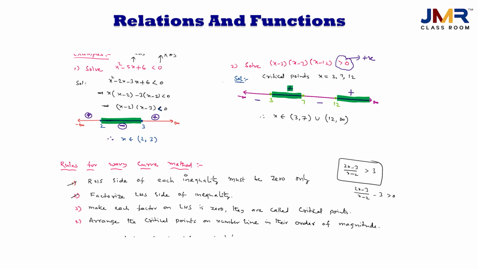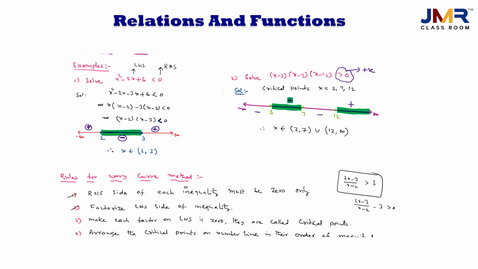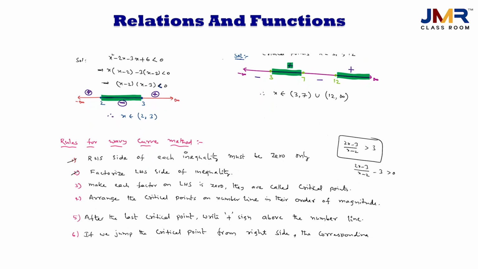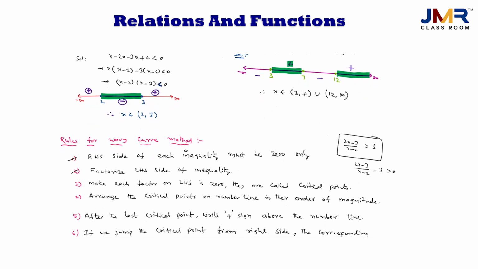Next, second important point: factorize the LHS of the inequality. If the factors are directly given as in example 2, no issue. As in example 1, you have to factorize the quadratic expression. Third one: make each factor on the LHS equal to 0.